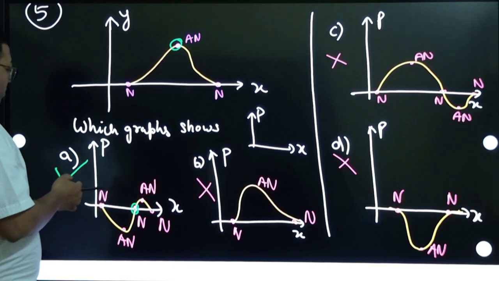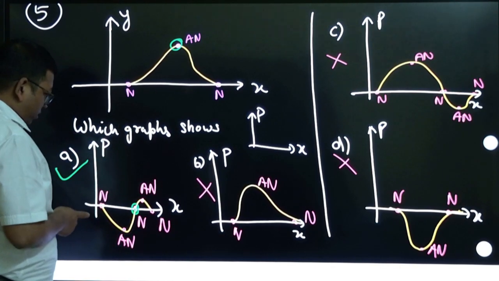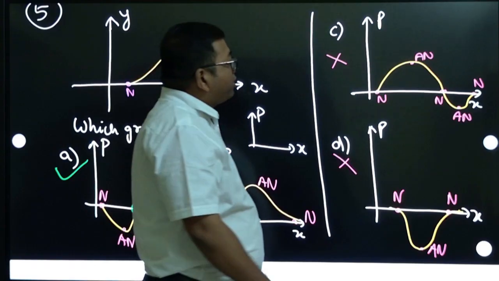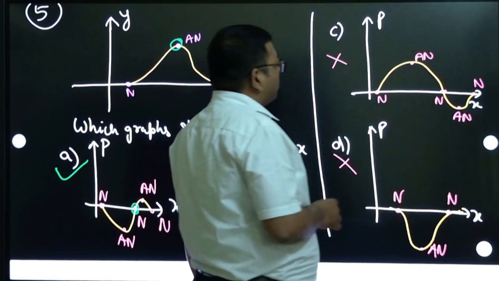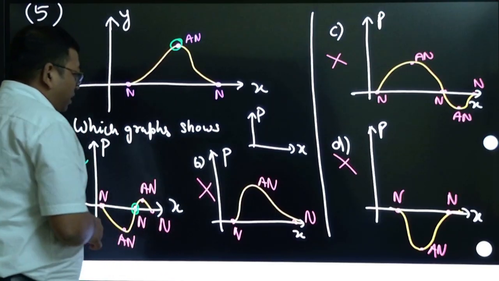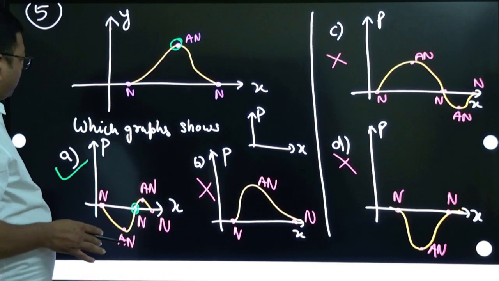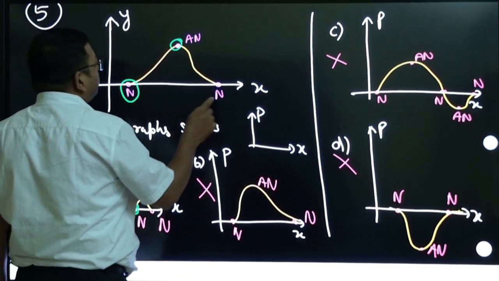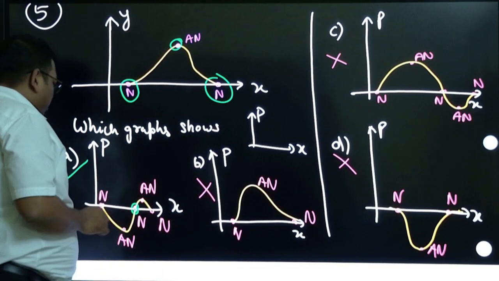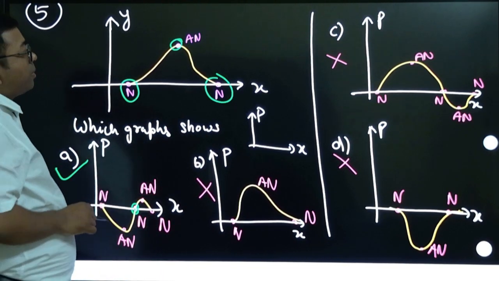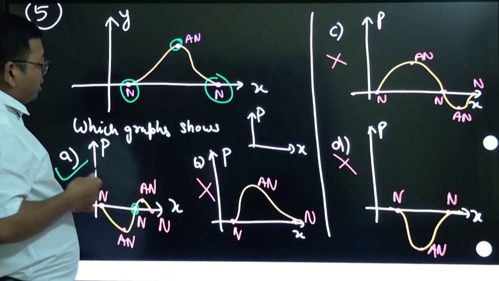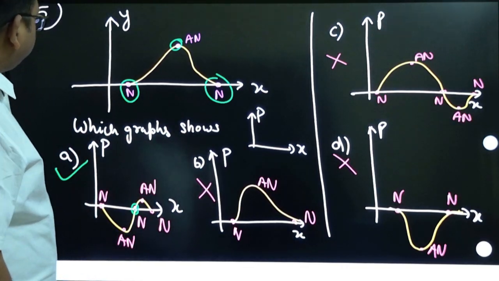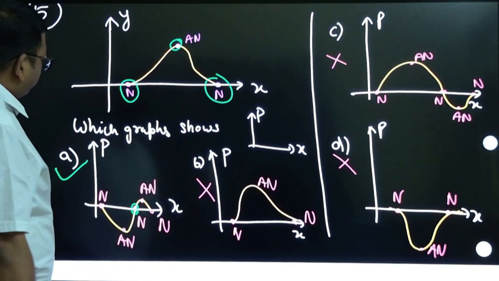So if you go by the number of antinodes, the number of antinodes is 2 here and also 2 here, right? Correct, right? Because these two nodes will convert into two antinodes. So two antinodes are present in A and C. Now out of A and C, logically let us think about it. Out of A and C, which one to select?